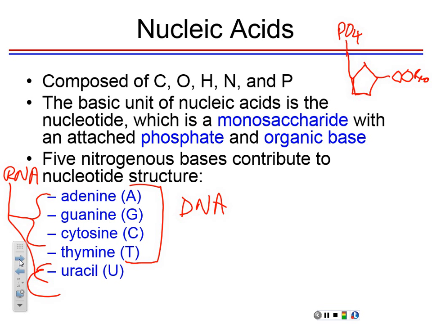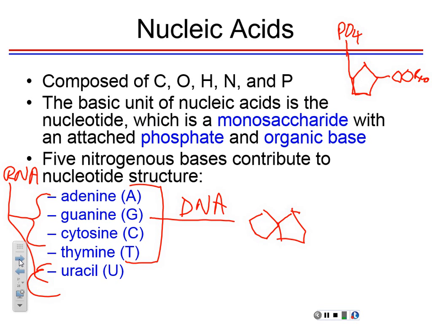Adenine is a one-ring base. Guanine is a two-ring base. That means it's like this, so there's two rings together.